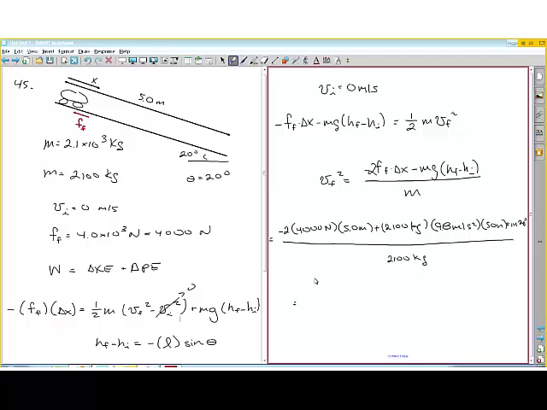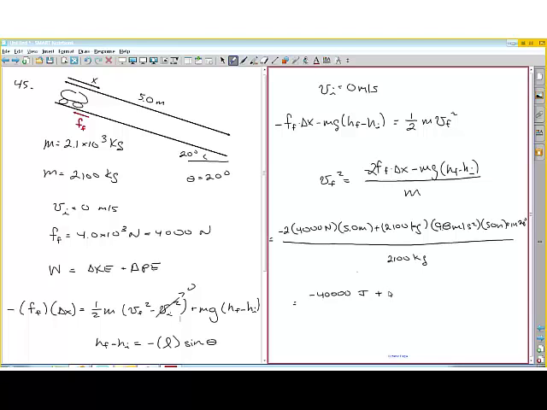Okay, so let's plug the numbers in here. And I'm not going to do them all at one time. So I got negative 2 times 4,000 times 5. So this is the amount of work done in slowing it down by friction. So we have negative 40,000 newton meters, which is a joule, plus 2,100 times 9.8 times 5 times the sine of 20 degrees.